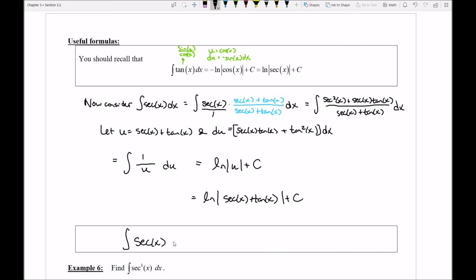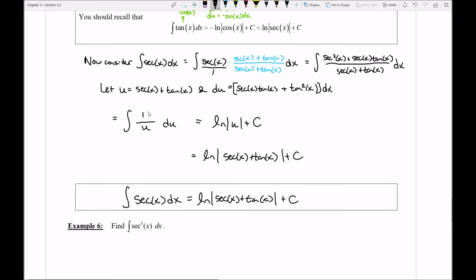It's a nice antiderivative rule to dedicate to memory, so that we don't have to recreate this very strange process of multiplying by this fancy 1. It's very surprising, a way to force this u substitution out. But it's awesome, and it really helps us deal with this simple function that has a very difficult antiderivative.